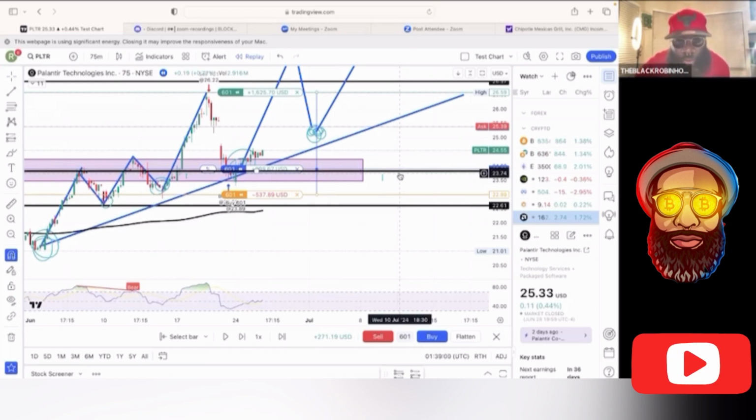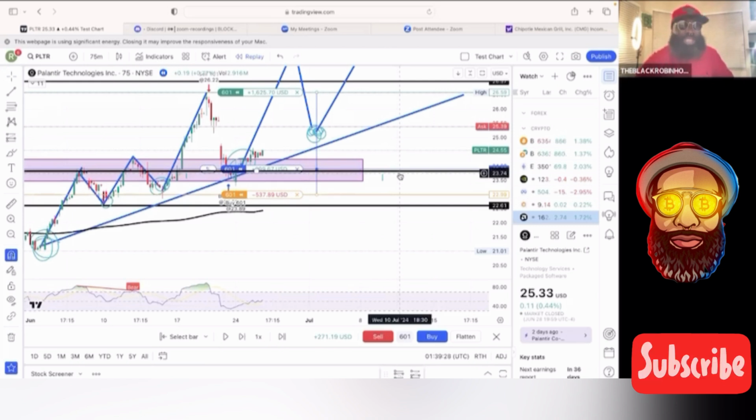You always need at least a 2-to-1 risk reward, meaning if I'm risking $537, there has to be enough room for me to make at least twice that. So if I'm risking $500, I should be looking to make at least $1,000. If I'm risking 1,000, I should be looking to make at least 2,000, and so on and so forth, right?